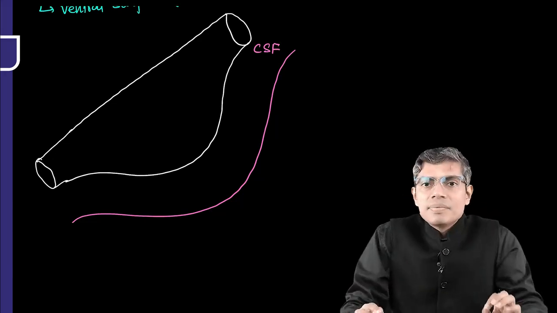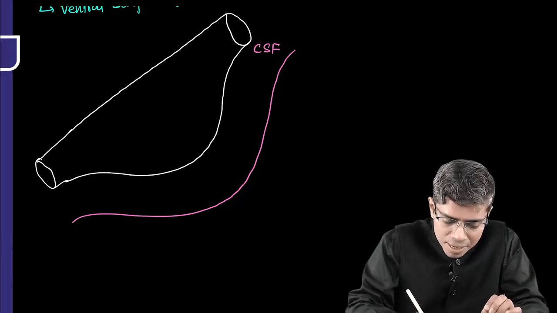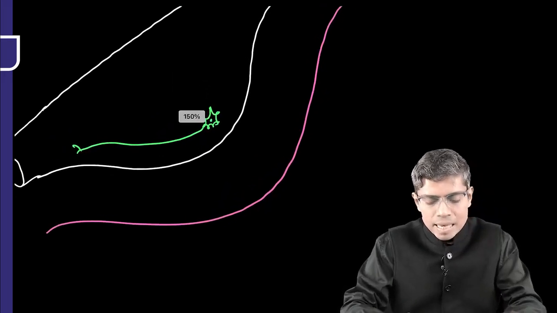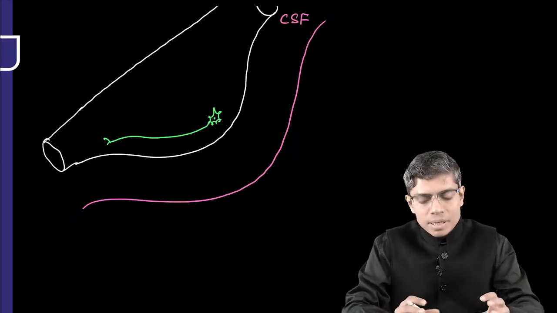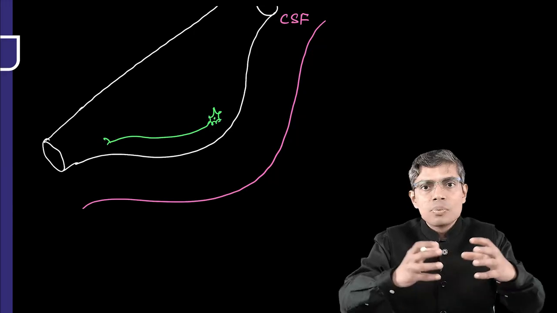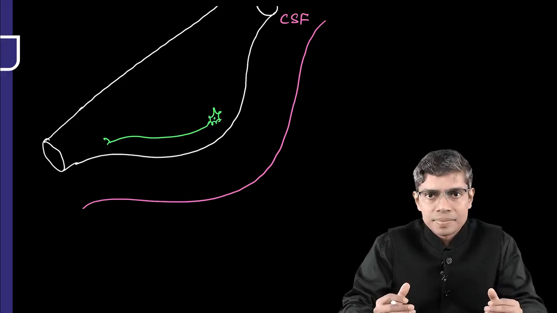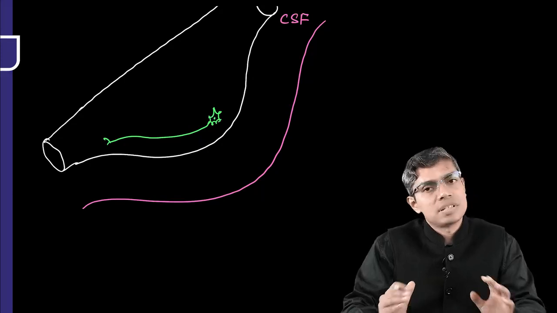At the level of the ventral surface of the medulla, just beneath the surface, there are certain neuronal groups, which are known as chemosensitive neurons. I have drawn one neuron here, but suppose there will be a group of neurons. These are chemosensitive neurons, and these chemosensitive neurons are nothing but the central chemoreceptors.